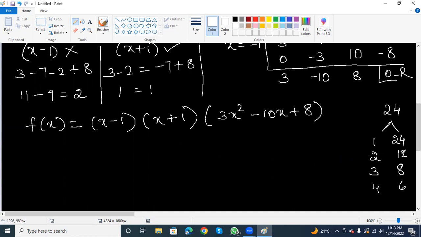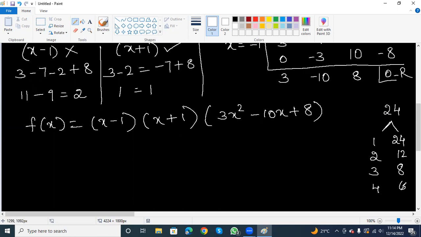See, 12 minus 2 gives 10, right? And 12 times 2 is 24 also. But here we need to have a positive 24, right? So if we keep minus 12 plus 2, we get minus 10.